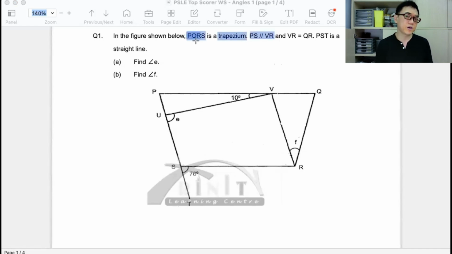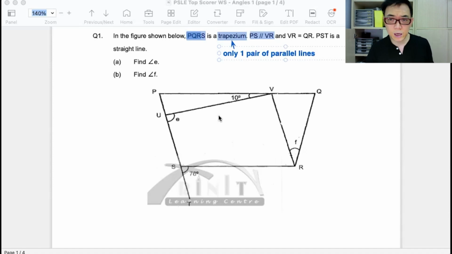Now, before we go any further, I would like you to do the following highlights. Whenever you see words like trapezium, you have to look for one set of parallel lines. Now remember, a trapezium has only got one pair of parallel lines. You can write this down.